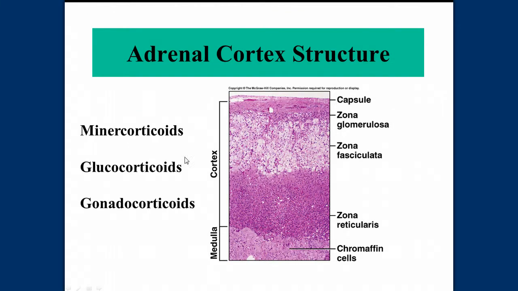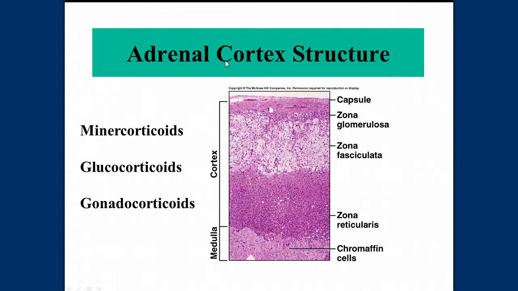Let's go to the adrenal cortex. So there are several layers of cells down to the medulla. These outer layers of cells produce different hormones. And if you will recall, the anterior pituitary releases into the bloodstream adrenocorticotropic hormone.